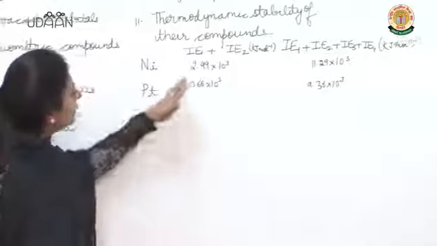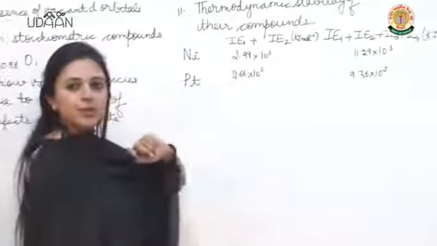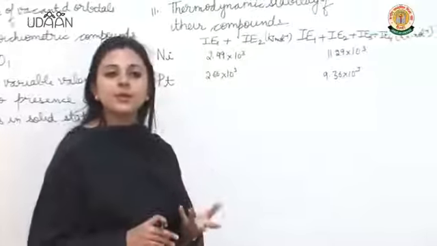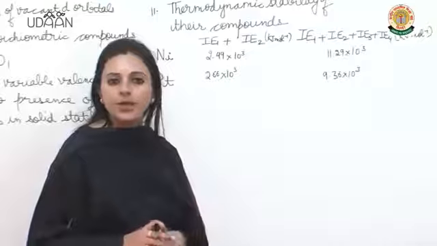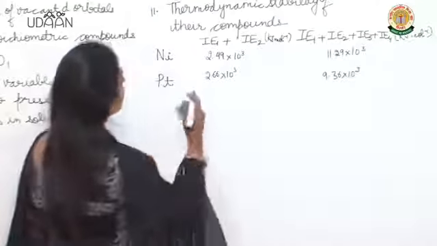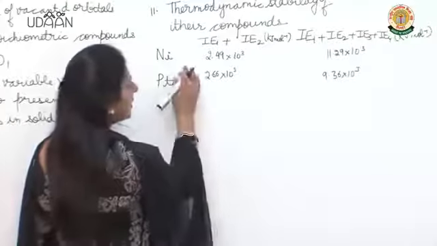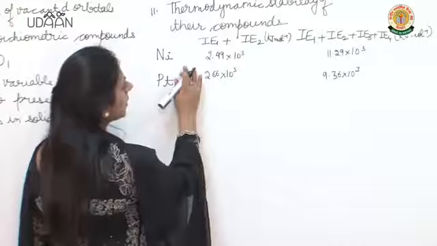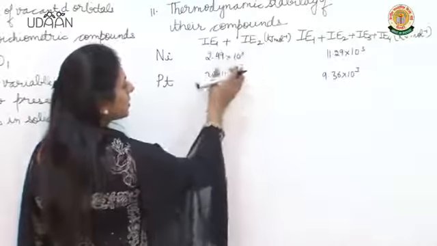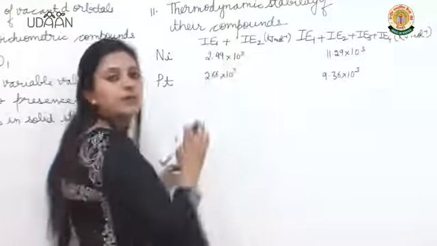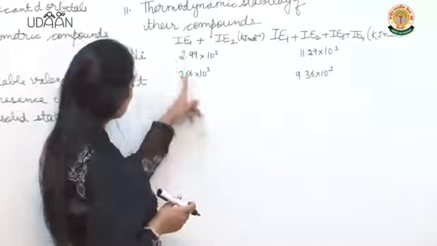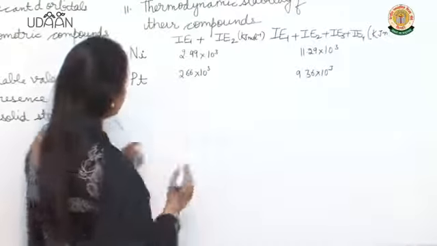Now lower the value of ionization enthalpy, more would be the stability of the compound formed by that element. Now if I talk about nickel 2, nickel in oxidation state 2 अगर मैं देखूं, sum of first two ionization enthalpy of nickel is smaller than the sum of first two ionization enthalpies of platinum.